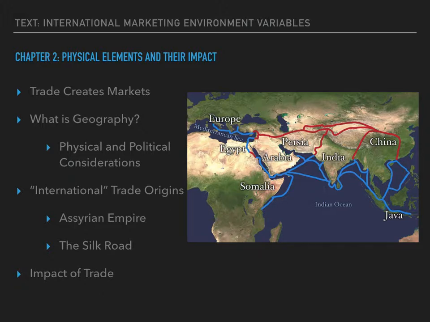The Silk Road probably being the world's most famous example of how establishing a trade route between and through several cultures has a lot of impact, not only on trade, but on the people that are engaging in the trade, that has political considerations, and then also the physical environment. What physical barriers are in the way of transporting certain types of products and goods?